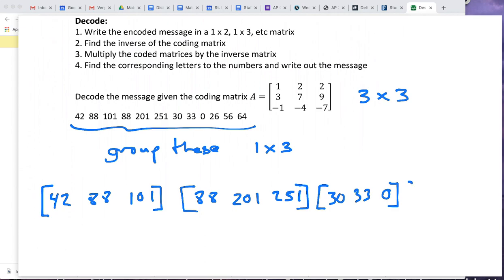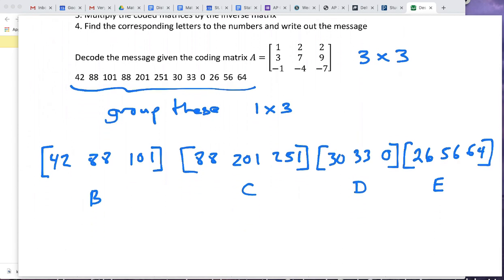And I'm going to group the final group as 26, 56, and 64. Now, I think of this as matrix B, this is matrix C, this is matrix D, and this is matrix E. And now I'm going to decode these.